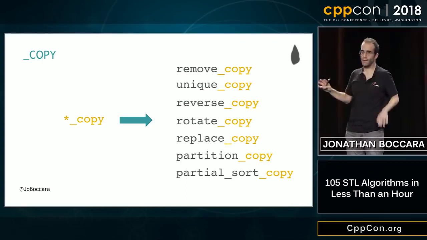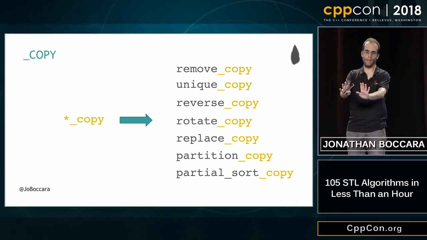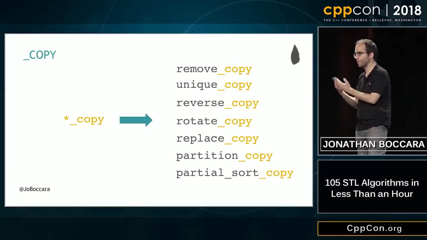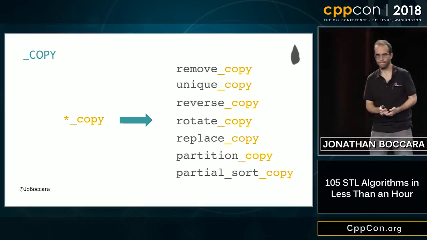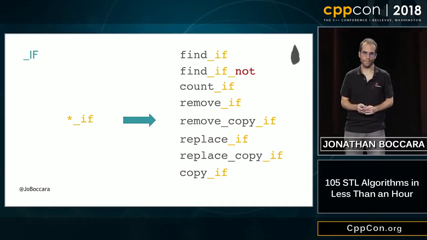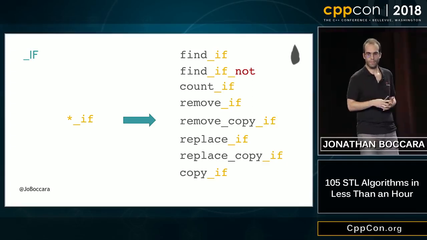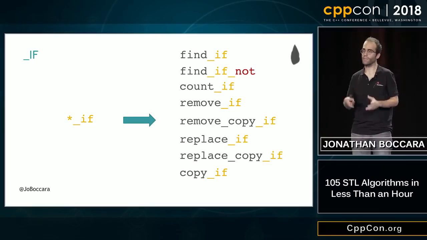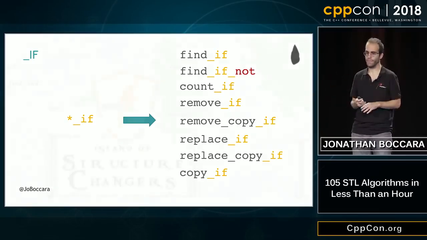Those guys, they leave the collection untouched, and they take an output iterator and they produce the output to that output iterator. We've also unlocked if, that takes a predicate, so where, say, find, for example, was taking a value, find_if takes a predicate, but does essentially the same thing.